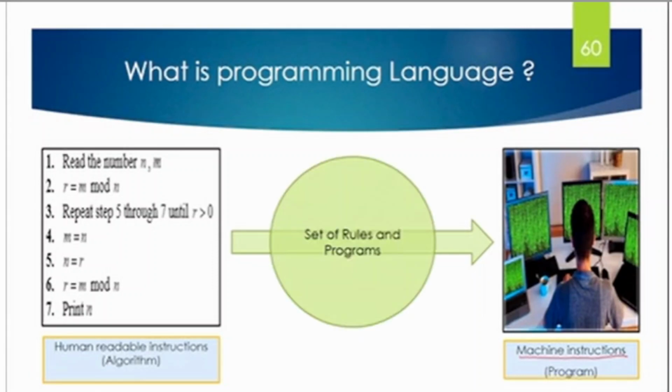What we need basically is some set of rules and some predefined programs for this conversion. We will discuss all these rules and programs slowly. In summary, all this set of rules and programs together, we can call the programming language. Now let's deep dive into this circle and see what are the different programs and set of rules that we are talking about.